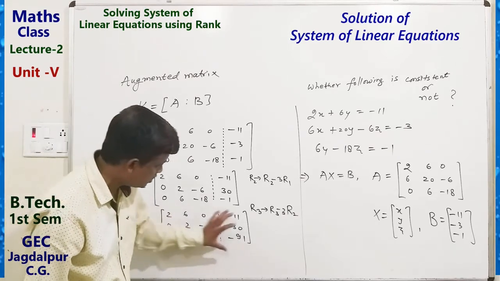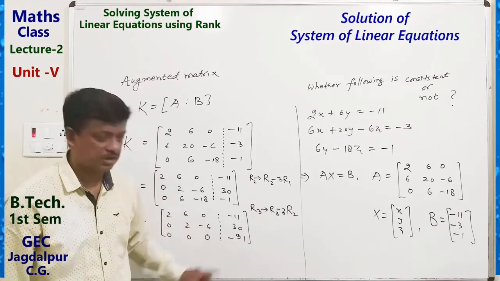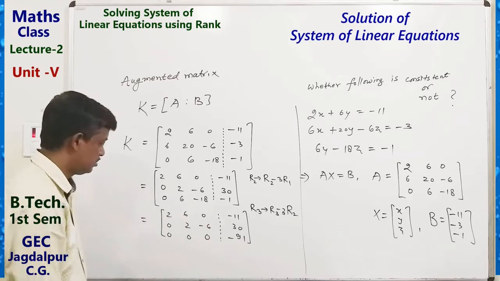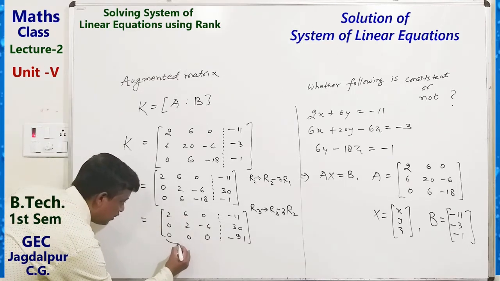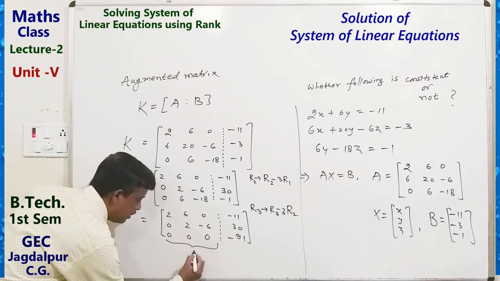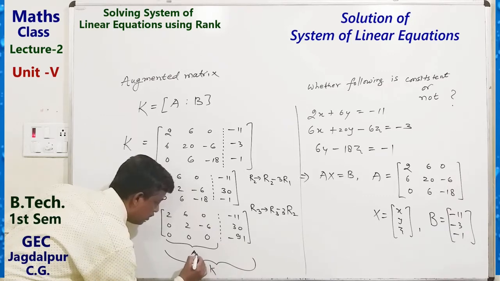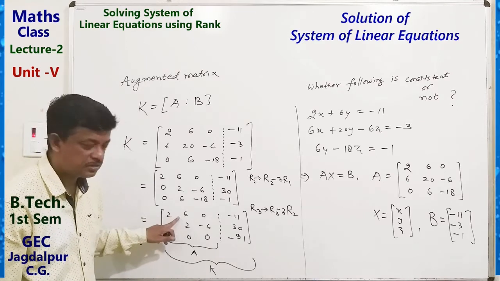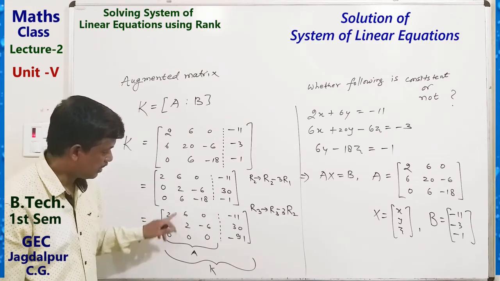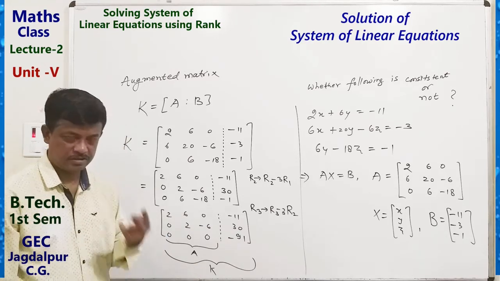But when we see the complete matrix, the number of non-zero rows, first, second, third, is 3. This part is for A and the complete part is for K.